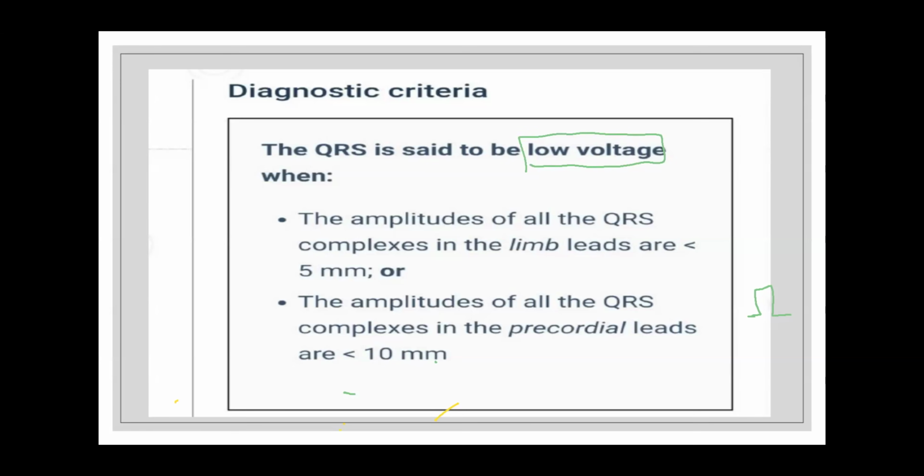Pericardial fluid, so any fluid around the heart. It could be pericarditis, pericardial fluid, pleural effusion, or any air around the heart, for example pneumothorax. So any compression from the outside on the heart.